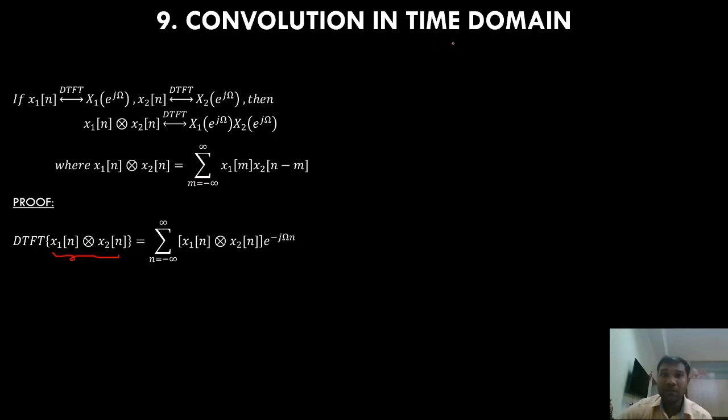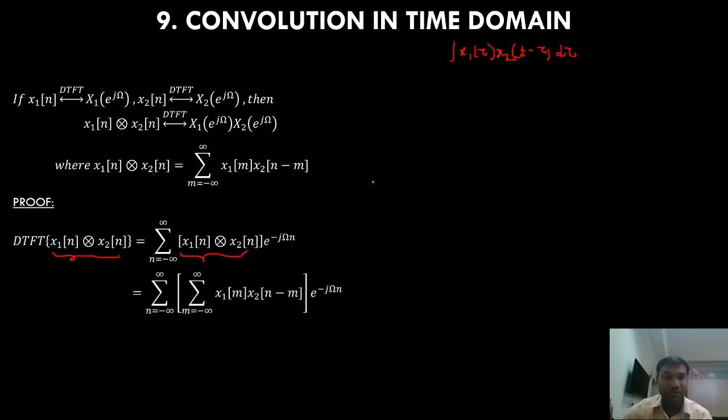In continuous time, we had integration x1 of tau, x2 of t minus tau d tau, right? Now this is discrete time. In discrete time, instead of integration we have summation. So summation m is equal to minus infinity to plus infinity, x1 of m, x2 of n minus m. So this I'm going to substitute in place of convolution.